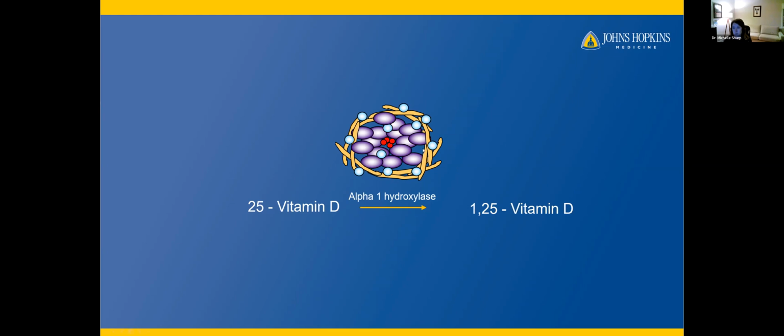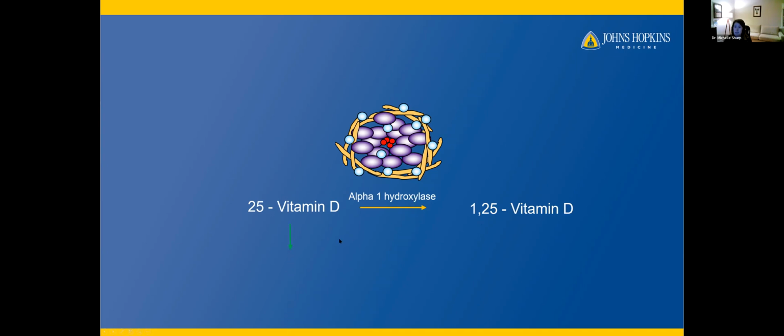And what I'm showing you here in the middle is our granuloma. Some people, not everybody with sarcoidosis, have a special enzyme on their granulomas that converts the 25 vitamin D to the 125 vitamin D. Now, it's not important that you know the granuloma enzyme.